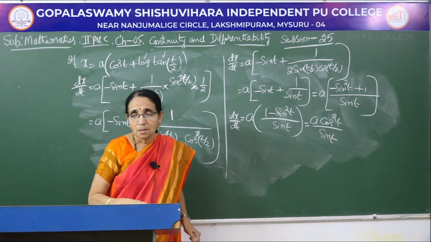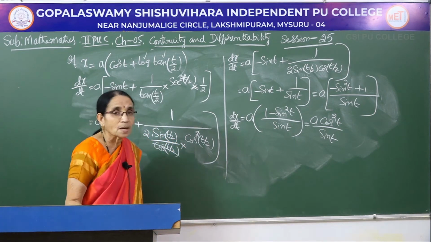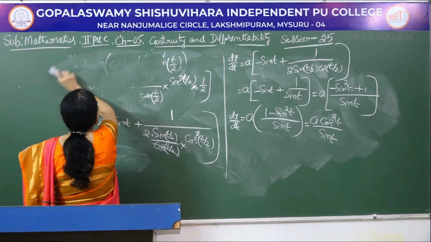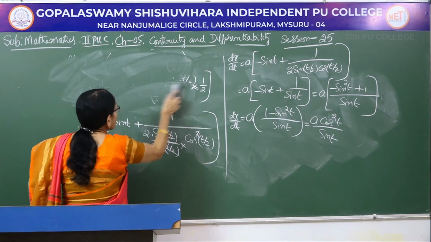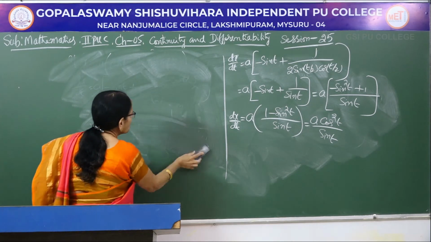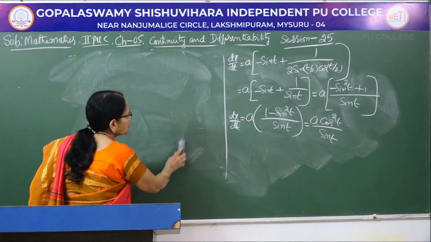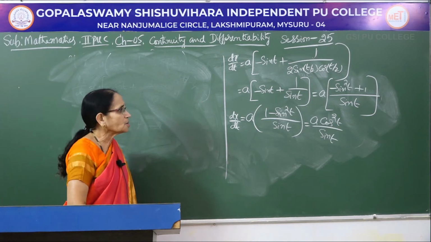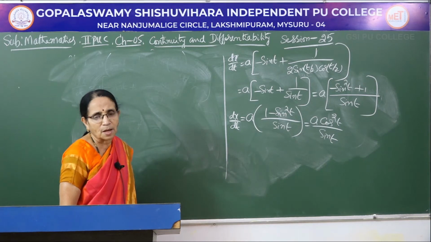See here, the differentiation of x with respect to t is quite a lengthy one, because we have been given a complicated or a composite function. So, we got here the value of dx by dt as a cos square t divided by sin t.